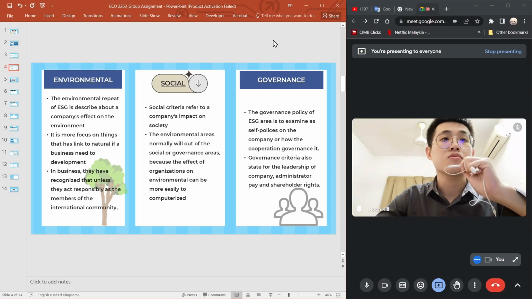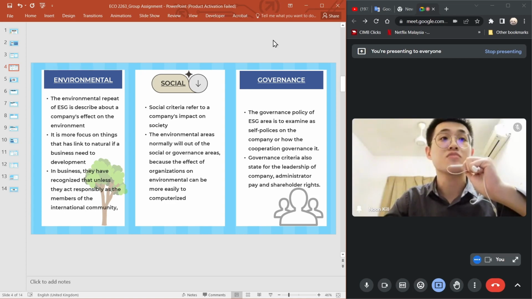So now I'm going to talk straight away about the environmental, social and governance. First is the environmental. The environmental impact of ESG discusses a company's effect on the environment. It is more focused on things that are linked to nature. If a business needs to develop nature-based products like tissue paper, the material we use to produce the tissue means we need to cut down a lot of trees, right?